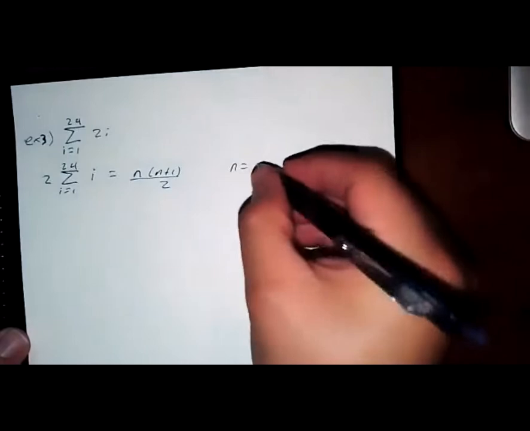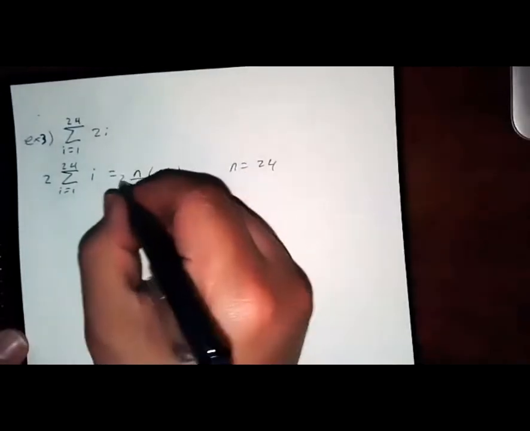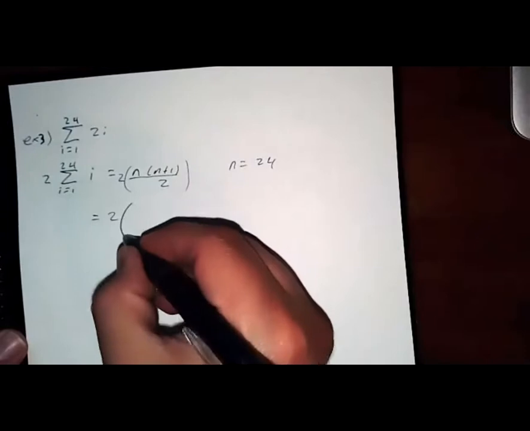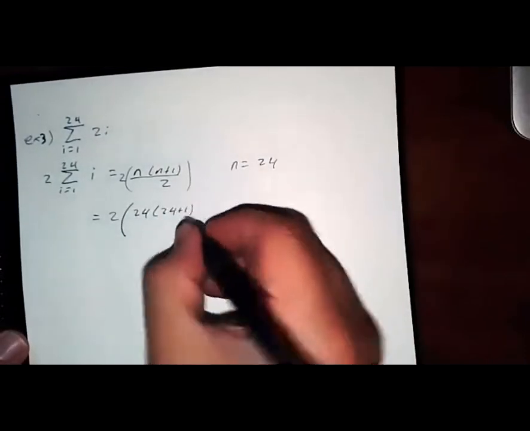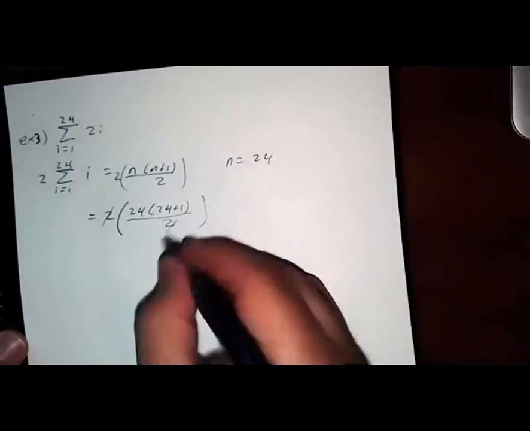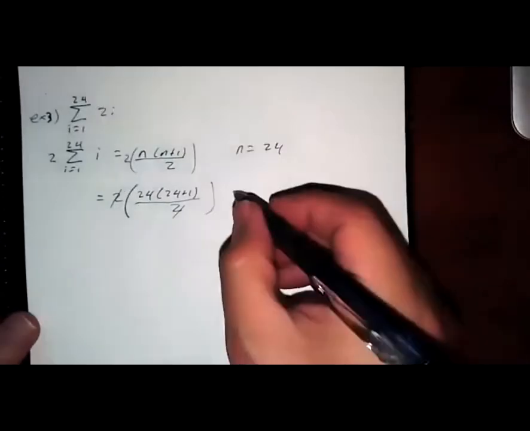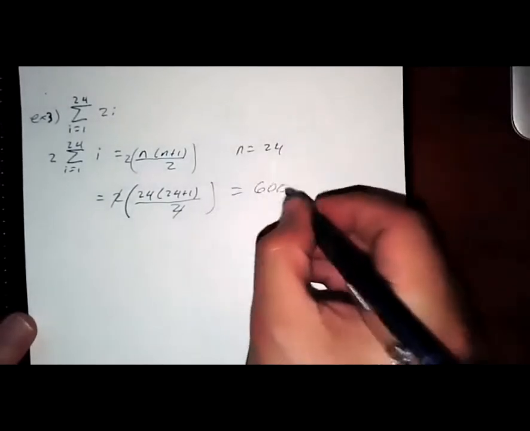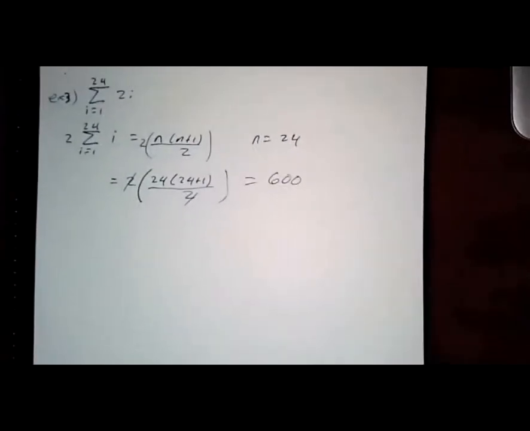But n is actually 24. Can't forget my 2, though. So we would get 2 times 24 times 24 plus 1 over 2. These 2's are gone. So that would be 600. So that's what the formula does for you.